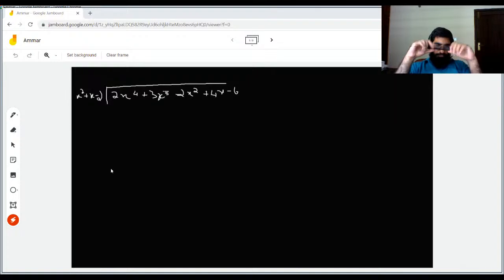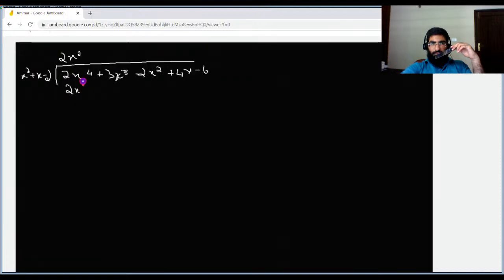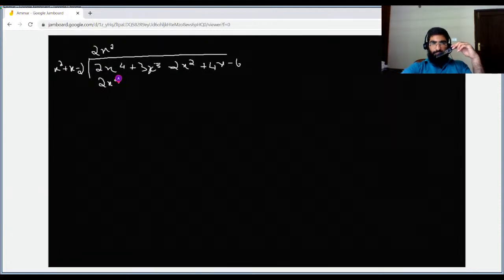2x square. So 2x 4 and then plus, is it just x? Am I writing it right? Yes.